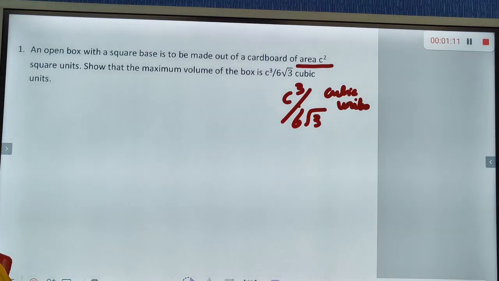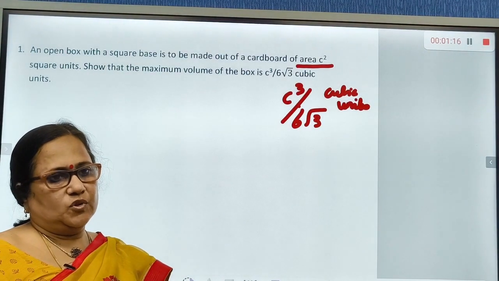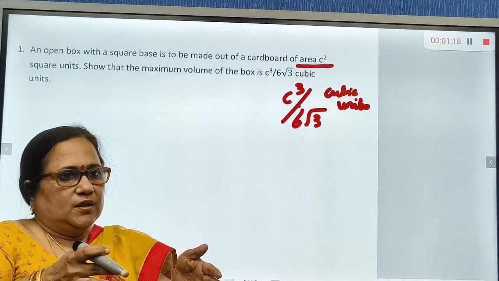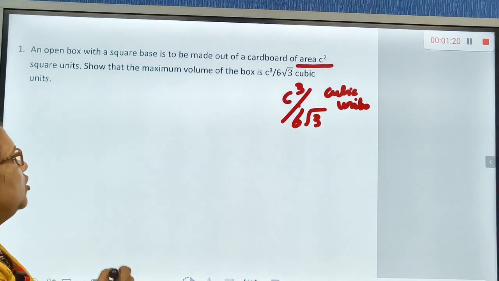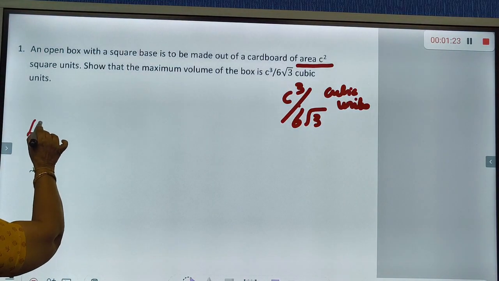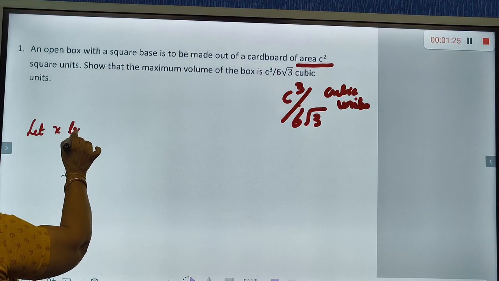So an open box with a square base is made out of a cardboard. The same cardboard is folded. It has got a square base. So let x be the side of the square base.